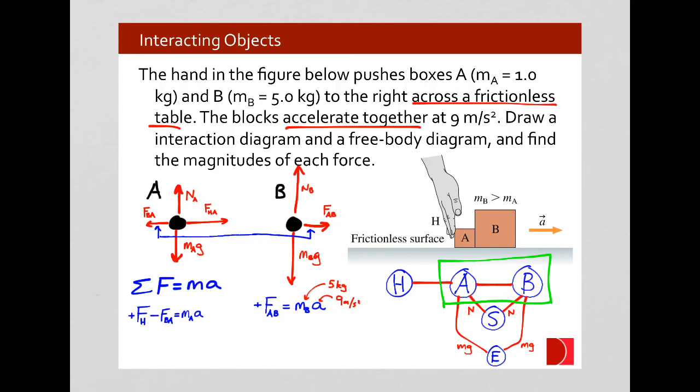This allows us to say that the force of A pushing on B would have to be 5 times 9, or 45 newtons, and that would also be the force of B acting on A. In either case, this is a magnitude. We haven't drawn the little line on top, so we're looking at how much they're pushing, and they're pushing off 45 newtons against each other.